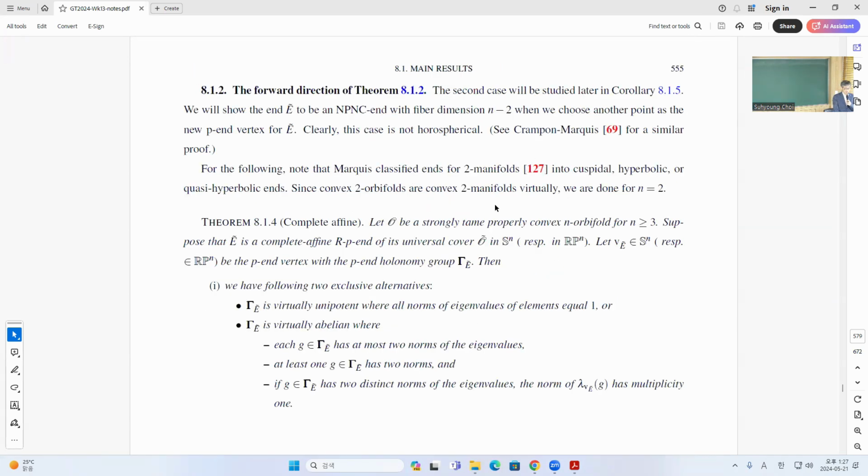And then finally we go to the forward direction of 8.12, 1.2. Here we have this complete affine case, and we have two possibilities.